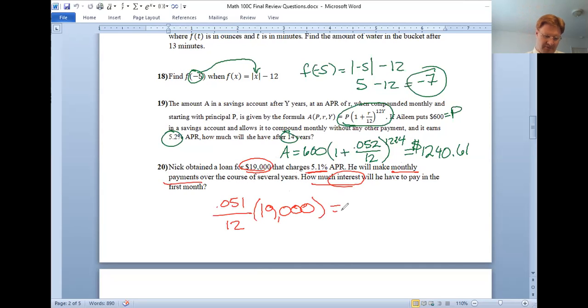What does that equal? 0.051 divided by 12 times 19,000. And I get $80 and 75 cents.